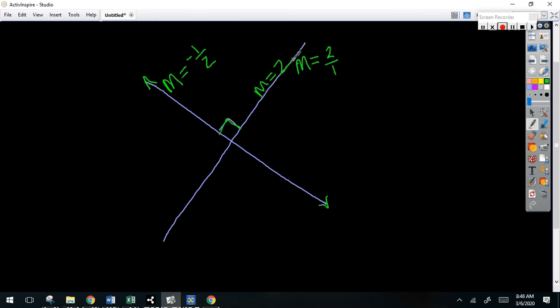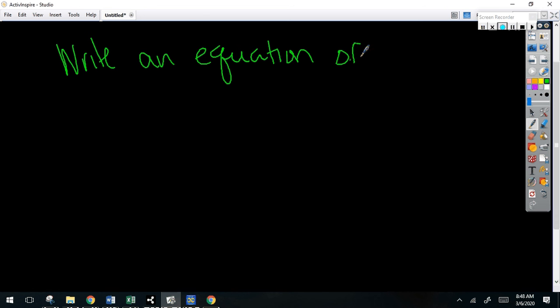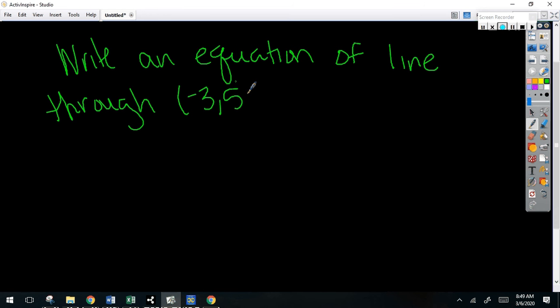So let me tell you how you're going to use this. Let's say I told you to write an equation of the line that goes through the point negative 3, 5 and is parallel.